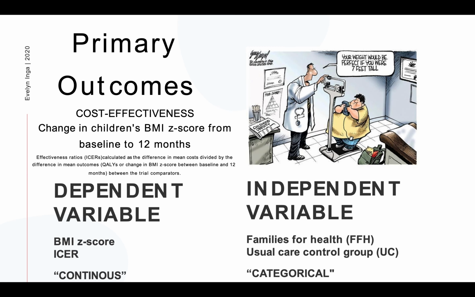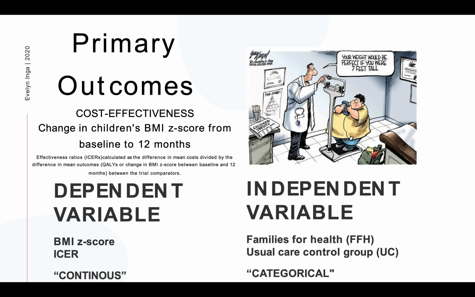So the outcomes, the primary outcome was cost effectiveness. So what is particular in this study is that they have to measure cost effectiveness. First, they have to measure the BMI, and that consisted of measuring the BMI at the baseline and at 12 months.